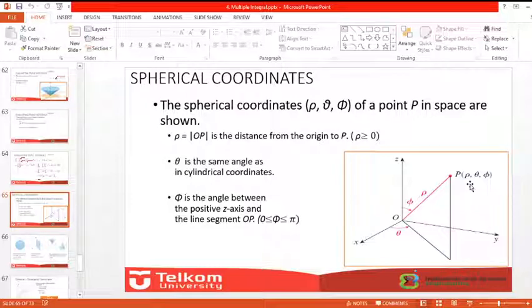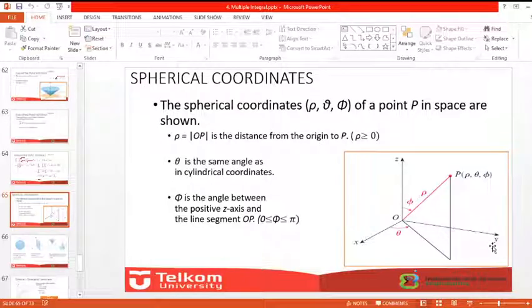Theta has the same meaning: the angle in the xy plane. Phi is the angle between the z axis and the vector. So theta should be from 0 until 2π, but phi should be from 0 until π.